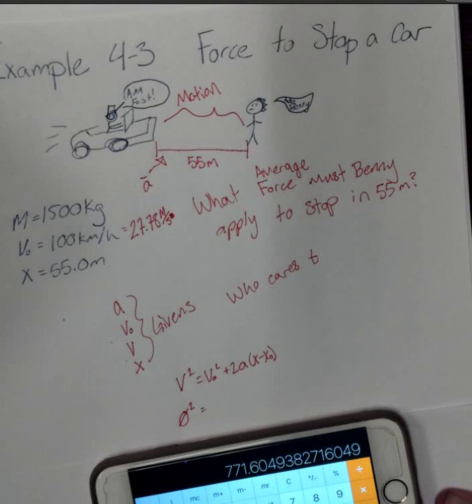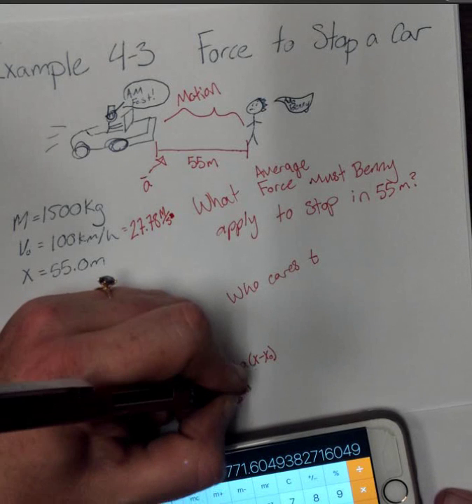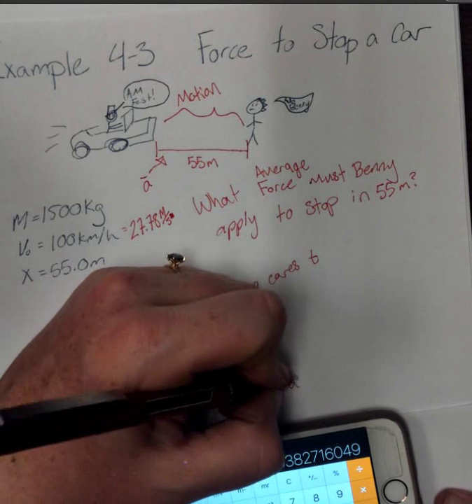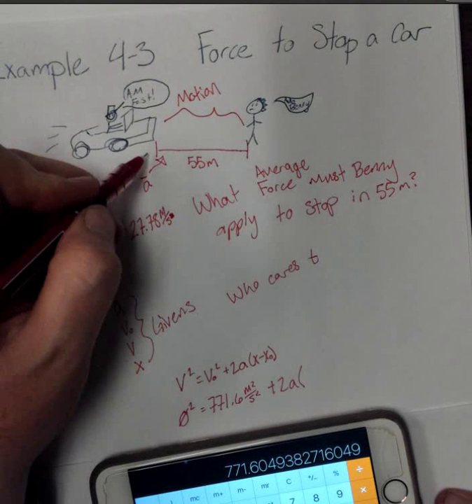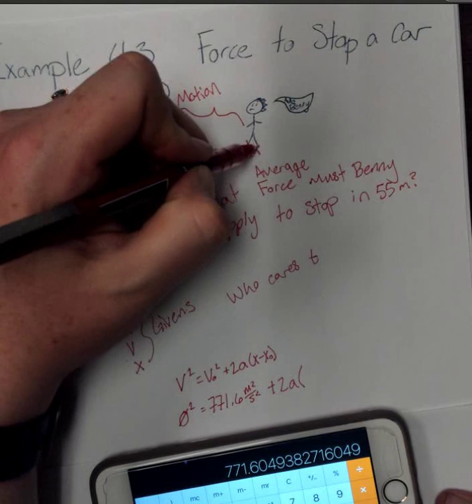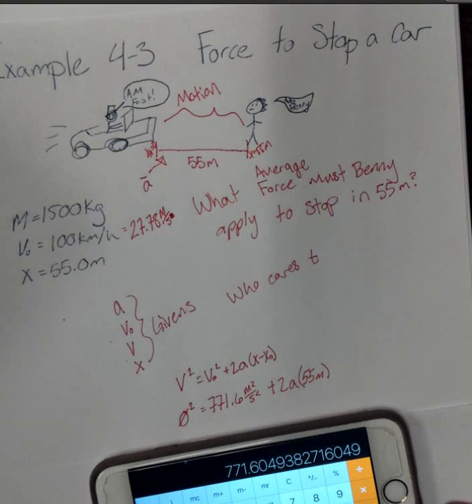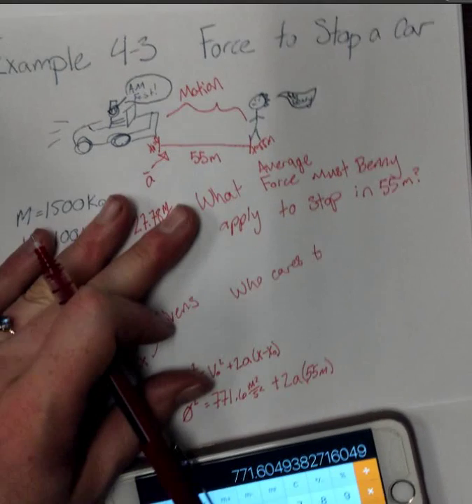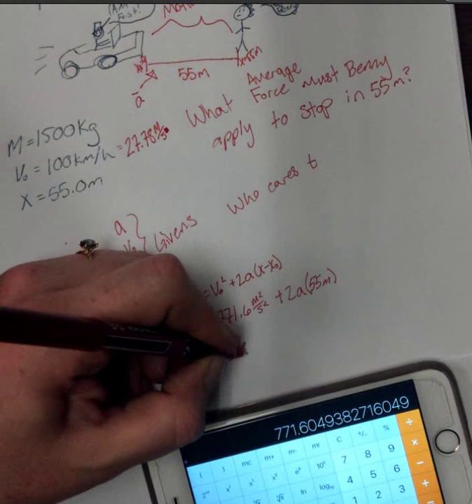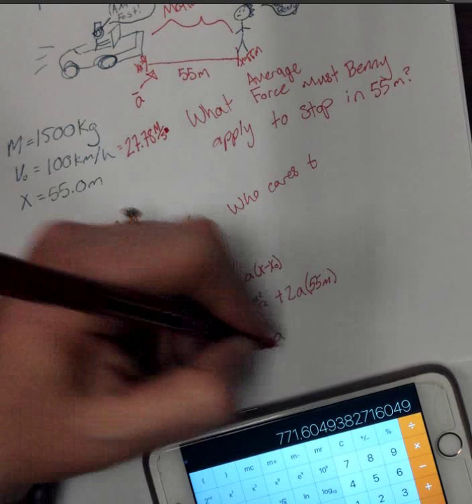So I'm going to be solving 0 equals 771.6 meters squared per second squared plus 2a times x minus x naught. If I assume that x naught equals 0, then x equals 55 meters, then that's just going to be 55 meters. Now I can solve for our acceleration. It's going to be negative 771.6 all over 2 times 55 will equal acceleration.